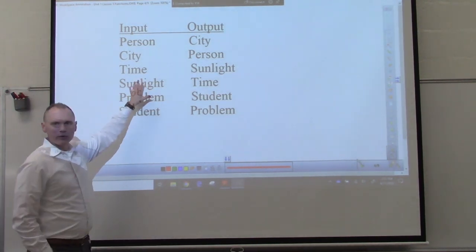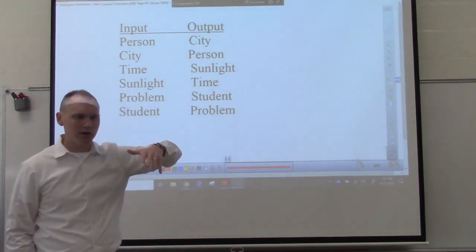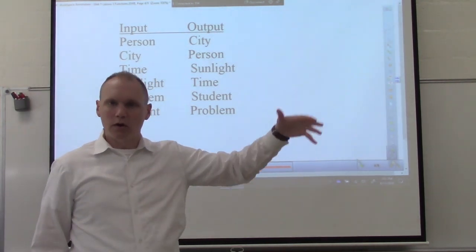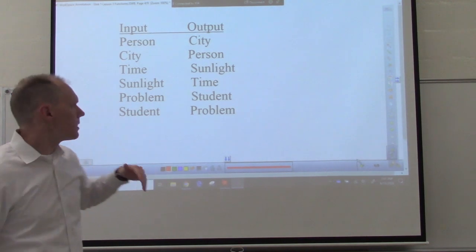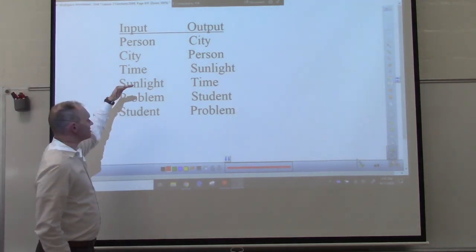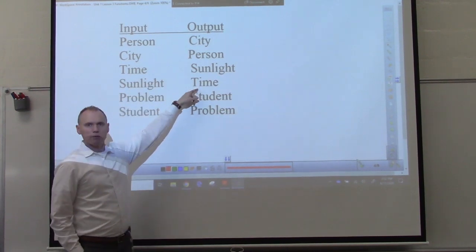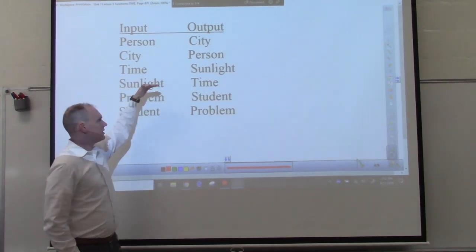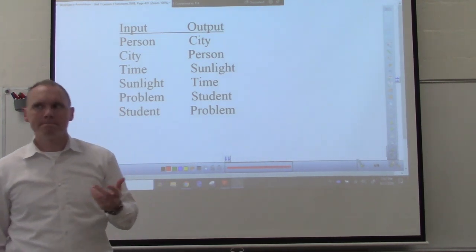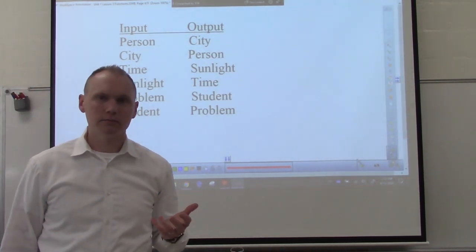All right, remember the example we had a couple lessons ago where we were talking about sunlight over a 24-hour period, right? Well, what if we wanted to know what's the sunlight at a particular time? So sunlight is our input. The output is the time in which it had that much sunlight. Is that a function or not?